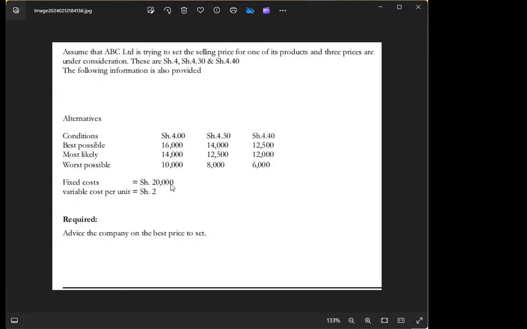Or because selling price per unit and variable cost are both dependent on units of output, you can take 4 minus 2, multiply by 16,000, minus 20,000 to get net profits, which we are going to call the payoff table.